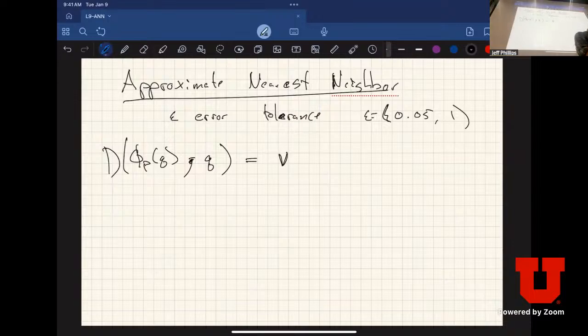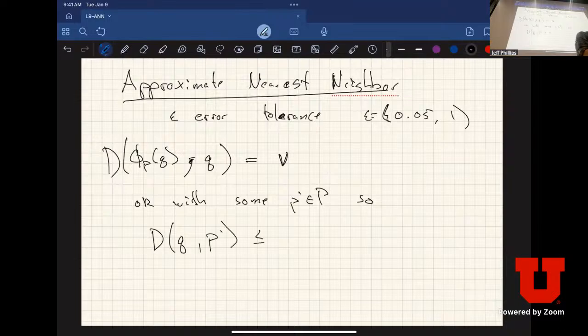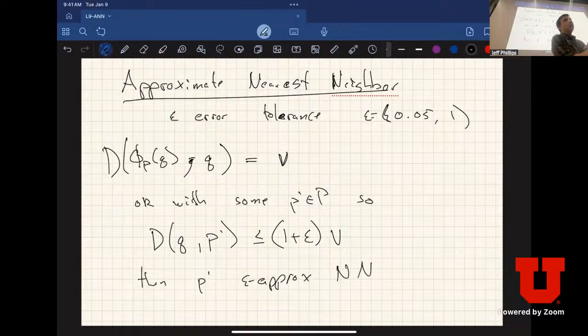Then I would be okay with some P prime in P so that the distance from Q to P prime is less than (1 plus epsilon) times V. Okay, this P prime would then be an epsilon-approximate nearest neighbor.